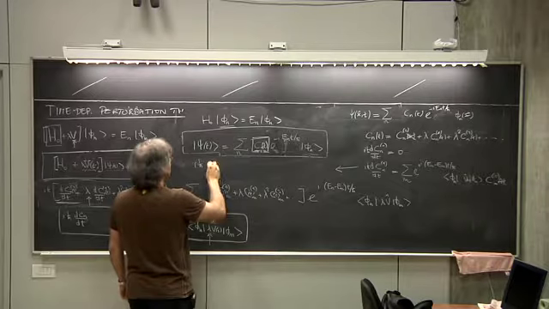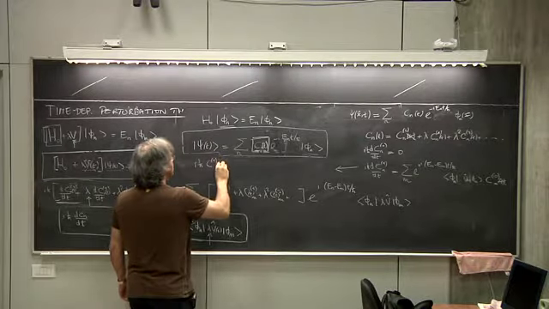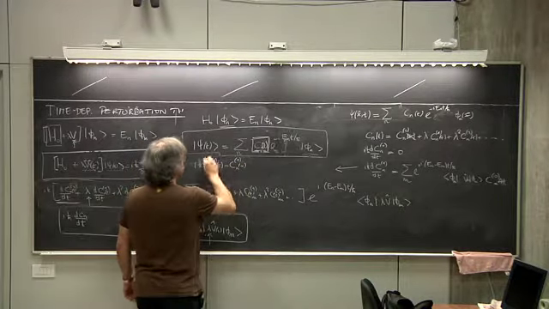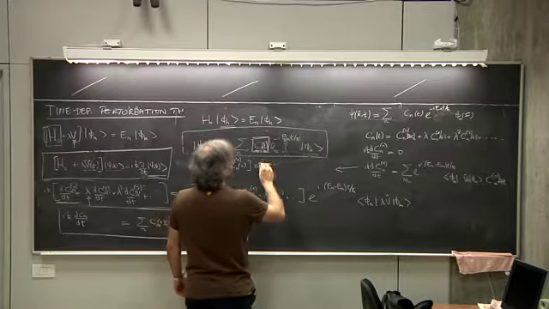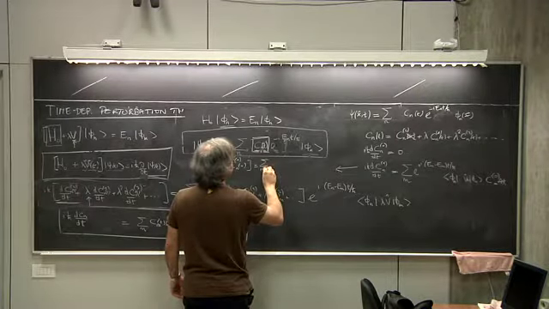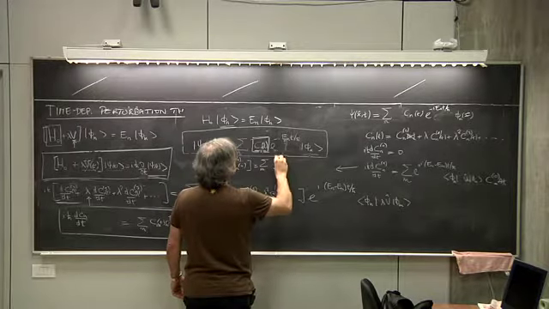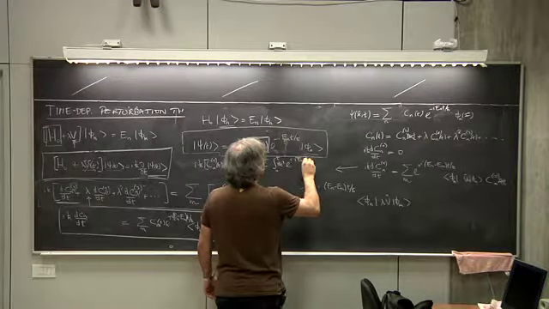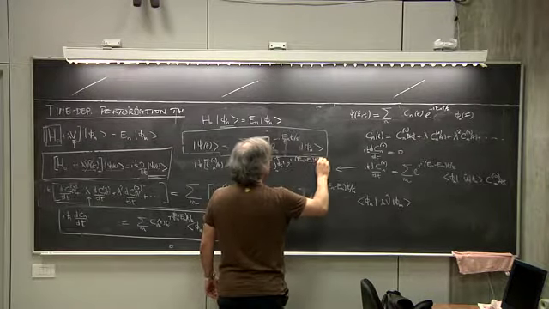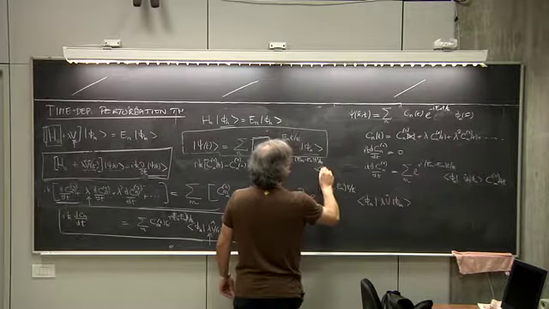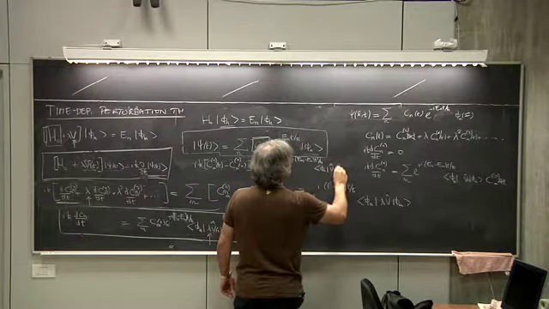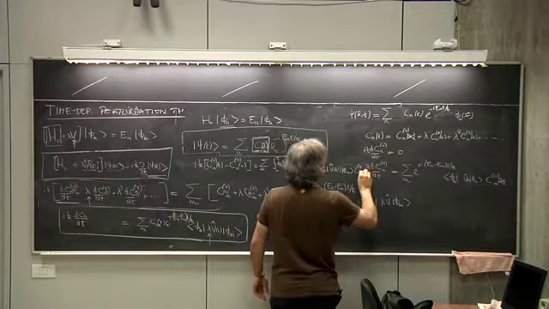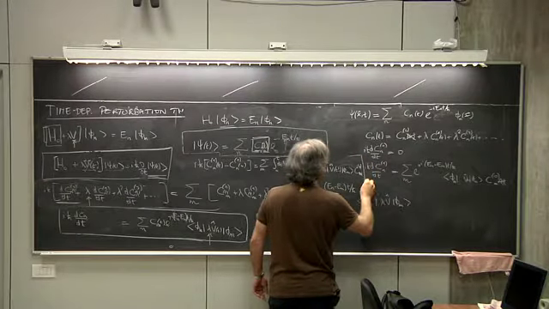This will tell me that C1 at time t minus C1 at time 0 will be equal to the sum over m of the integral from 0 to t in dt prime of e to the i (E_m minus E_n) t prime over h bar times phi n v t prime phi m times C0 m, which doesn't depend on t, by the way.